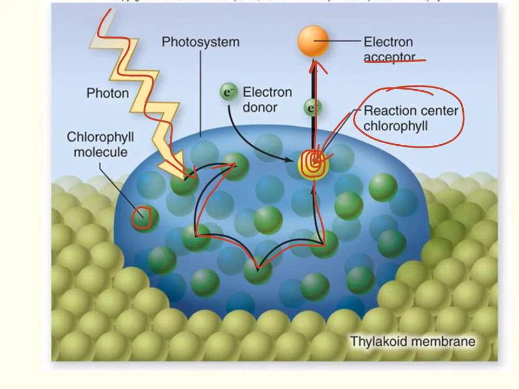The reaction center now needs another electron, so there's a donor which will donate its electron to the reaction center so it can then go through this process again. So the pigments that gather all the energy and pass it to the reaction center are known as the antenna complex, and then the single chlorophyll molecule here is known as the reaction center.